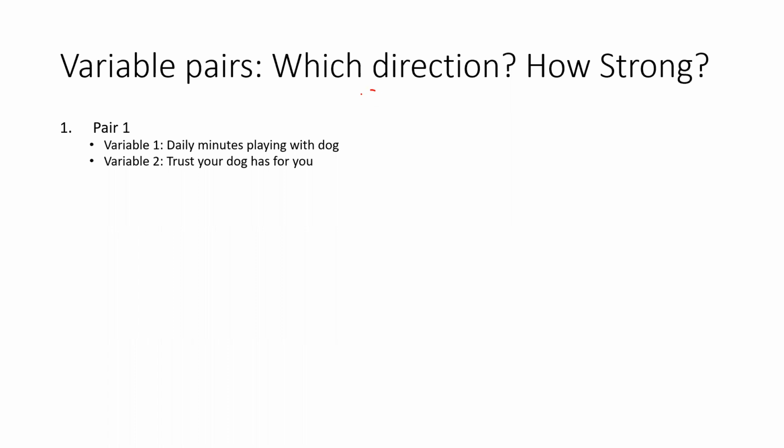So the words we're going to use are strong, moderate, and weak. And it is how well can you predict the one variable if you know the other variable. So now everyone indicate how strong, do you think this would be strong, moderate, or weak in terms of the relationship between two variables?